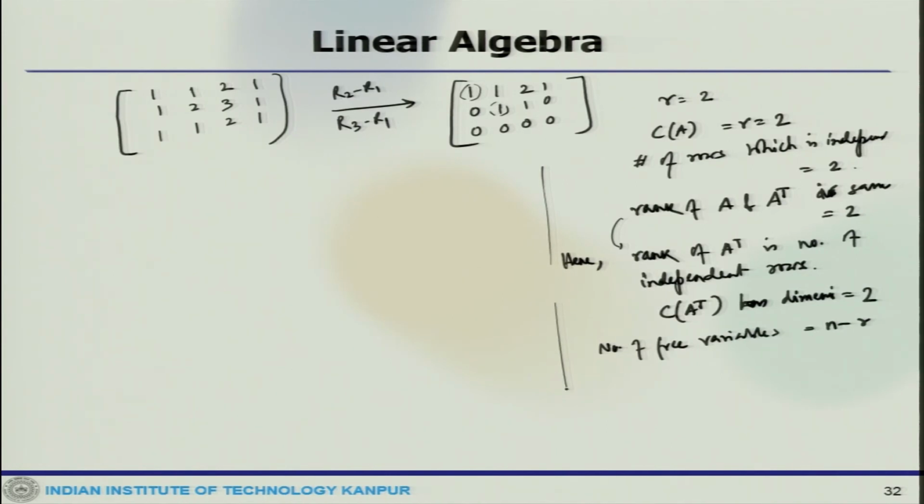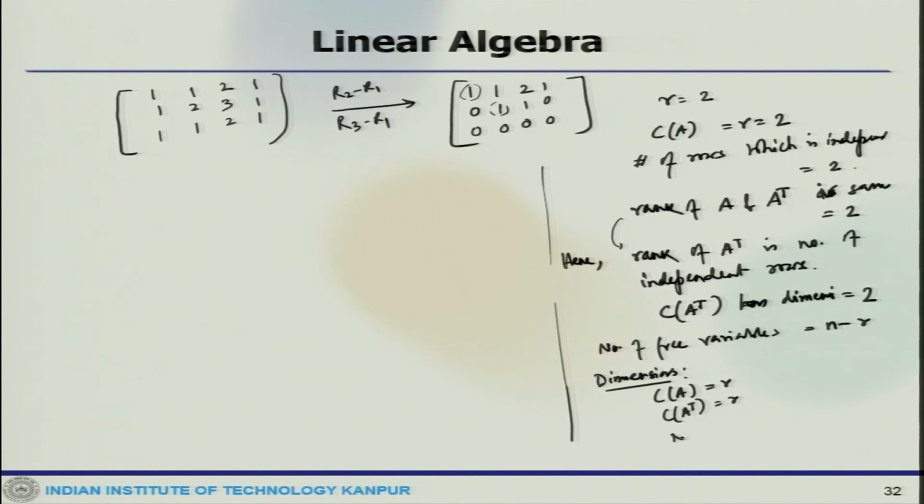So, now one can find out the dimensions of these fundamental spaces. For the column space, this would be the rank, and the column space of A transpose is also r.